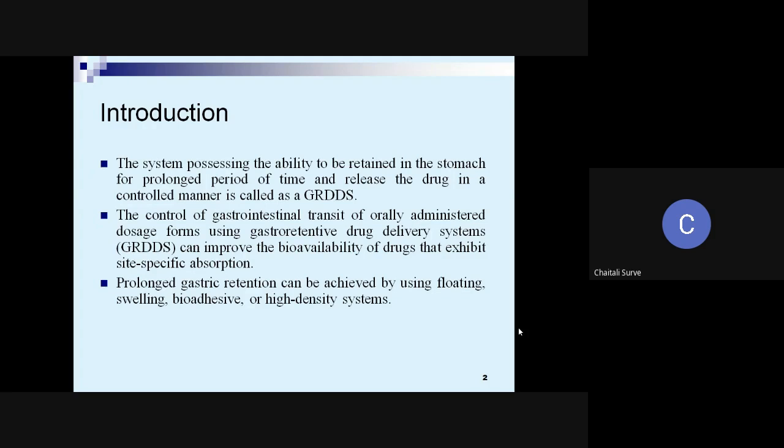There is another approach that has been tried recently. They make microparticles, and they make sure these microparticles are mucoadhesive in nature. All our gastrointestinal tract is coated by a thin layer of mucoadhesive substance, mucin.